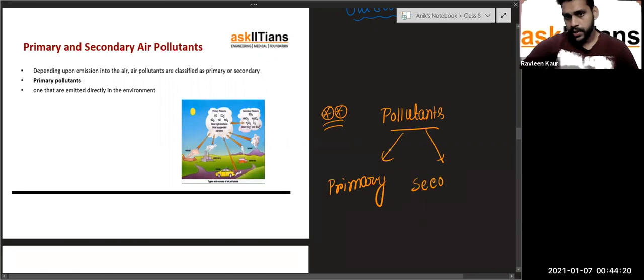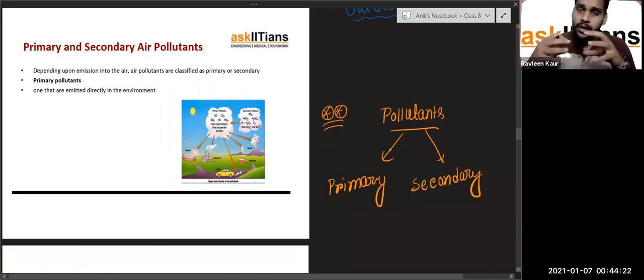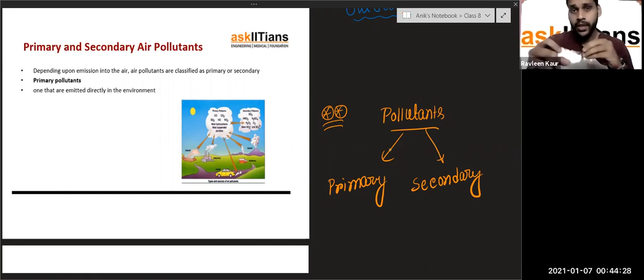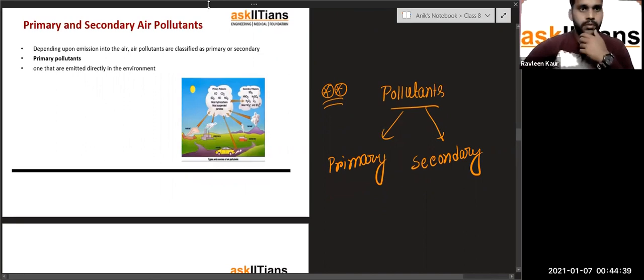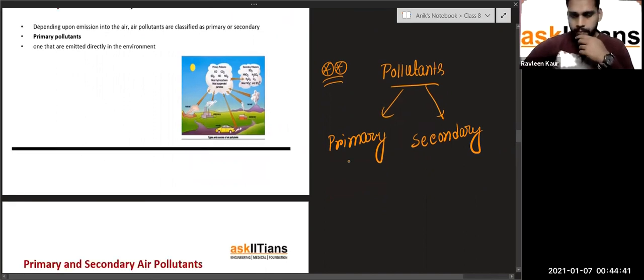Now you can see that primary air pollutants are the air pollutants which are just generated from us or from different types of things, and just pollute the air. Let me give you some examples. Think about NO, nitric oxide.